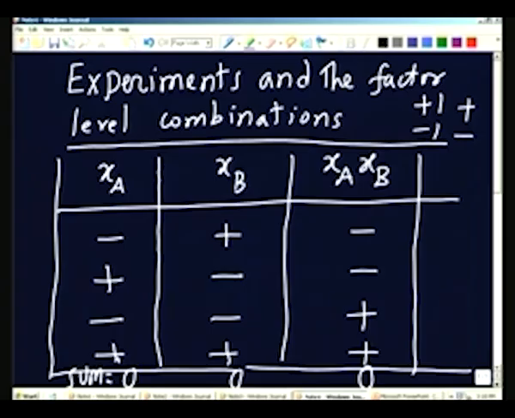However, if I were to square each one of these components, so you take the square of this, square of this, square of this and square of this, add, you will get a sum equal to 4. So, sigma xA squared, 1 to 4, equal to 4. So, the sum of the squares of these is equal to 4.